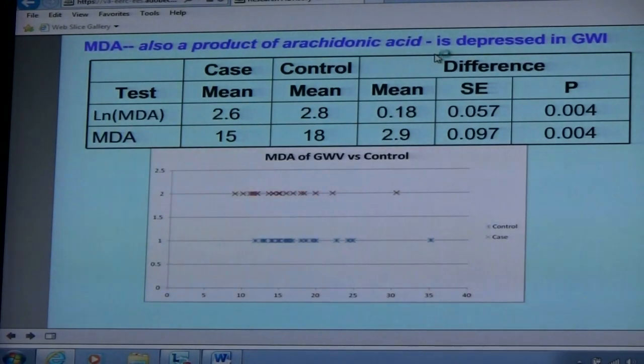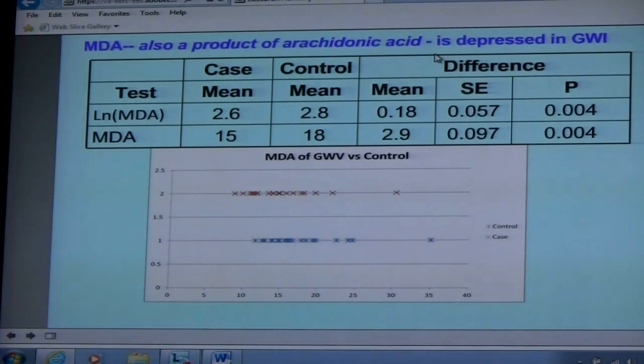Now, it turns out that malondialdehyde, although it is commonly thought of as a marker of oxidative stress, is also an arachidonic acid derivative. And it's a marker of oxidized fat, basically. But first, you have to have the fat in order for the fat to be oxidized. So these other findings involving arachidonic acid derivatives help to account for this unexpected finding that malondialdehyde, again in the logged or the regular version, was depressed in cases relative to controls.